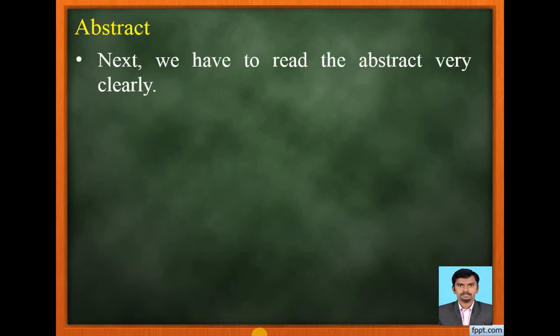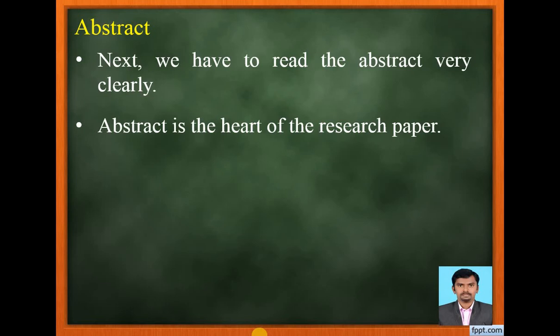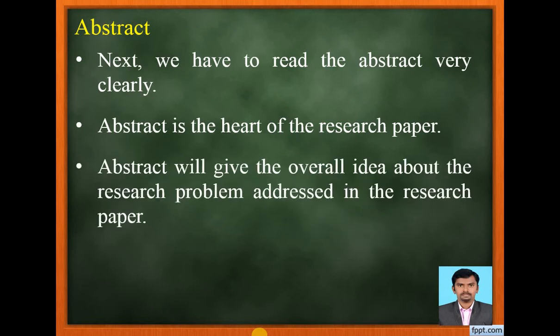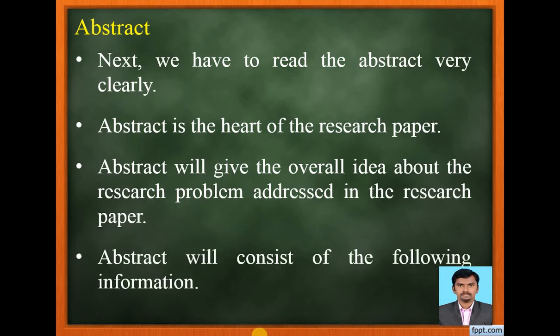Abstract. Next, we have to read the abstract very clearly. Abstract is the heart of the research paper. Abstract will give the overall idea about the research problem addressed in the research paper. Abstract will consist of the following information.